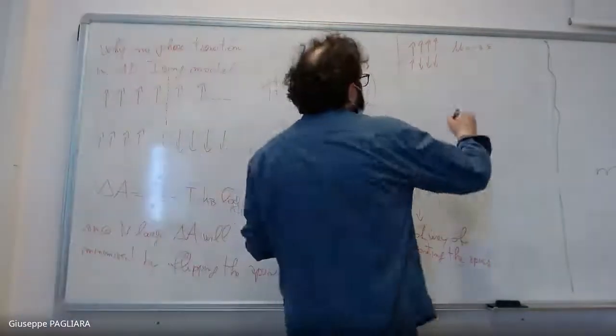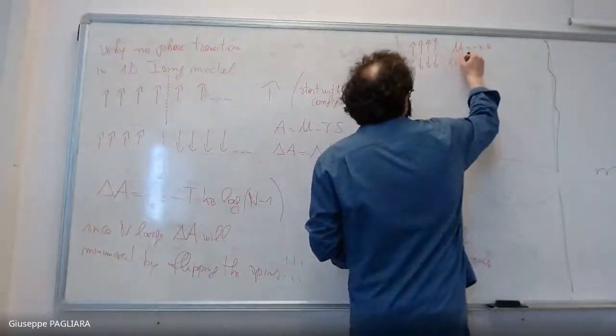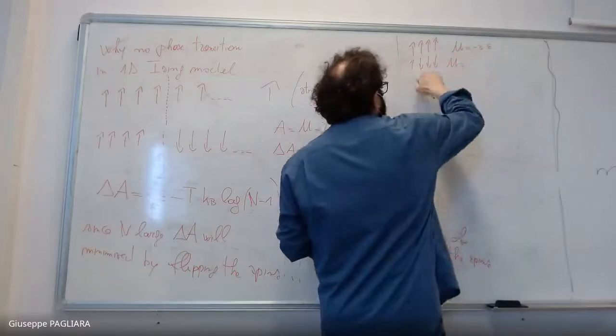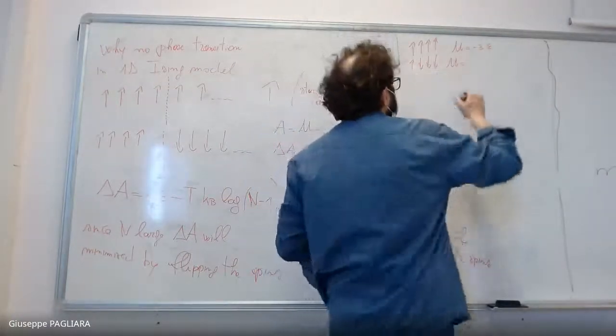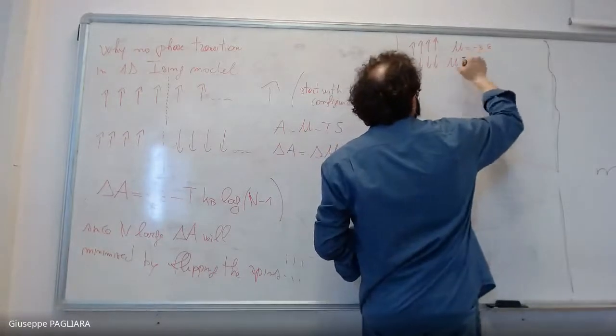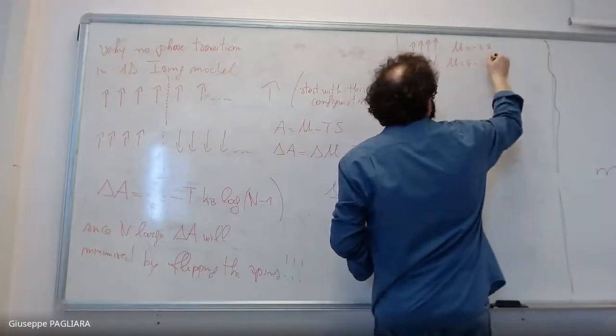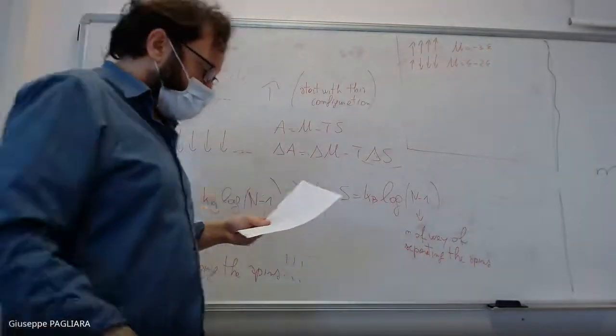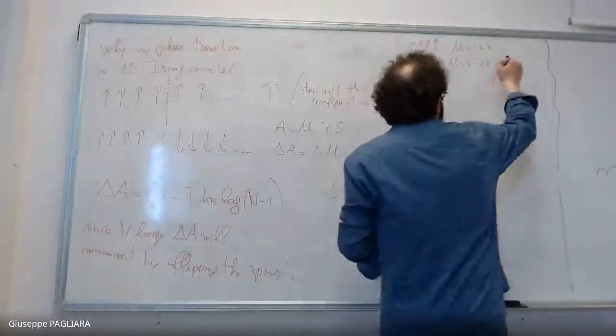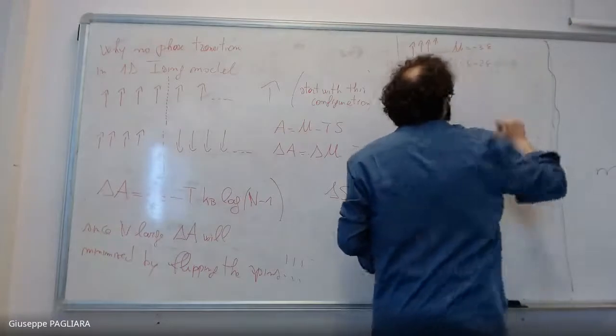Then the internal energy will be epsilon, positive, minus 2 epsilon, corresponding to the fact that I have 2 pairs now. So epsilon minus 2 epsilon, which is minus epsilon.